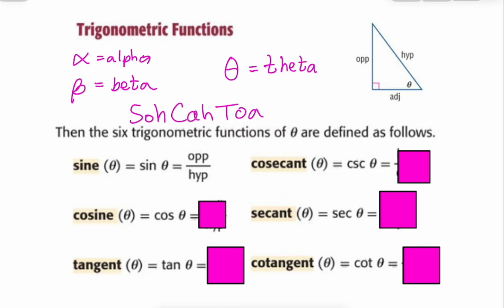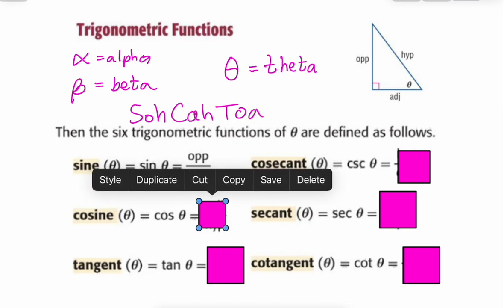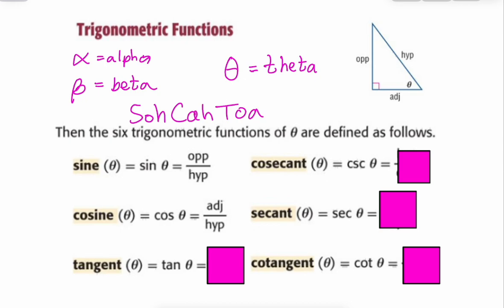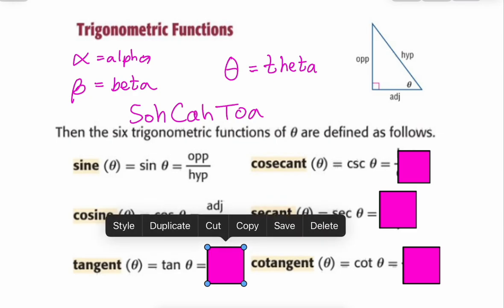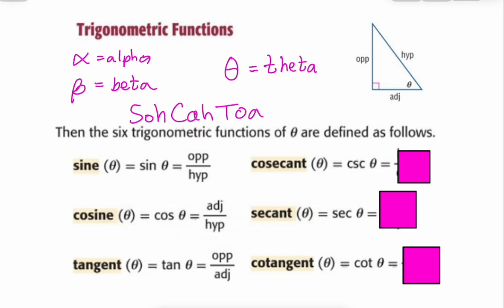SOH, opposite over hypotenuse. Cosine, we relate the adjacent and the hypotenuse. So that's why it's CAH, C-A-H. It is the adjacent over the hypotenuse. And the relationship between the opposite and the adjacent is our tangent.